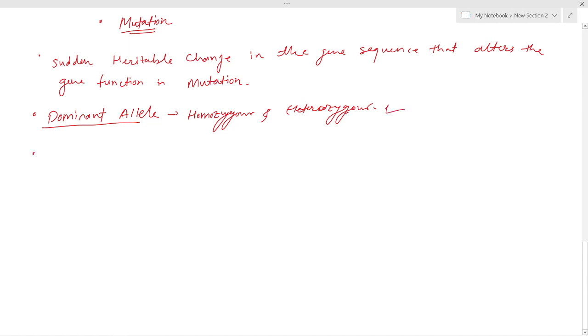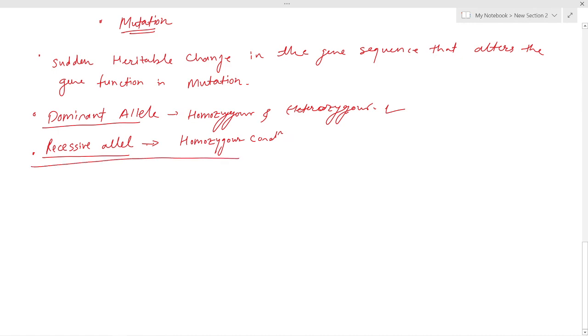There is also the recessive allele. The recessive allele can be expressed only in homozygous condition, not in heterozygous.